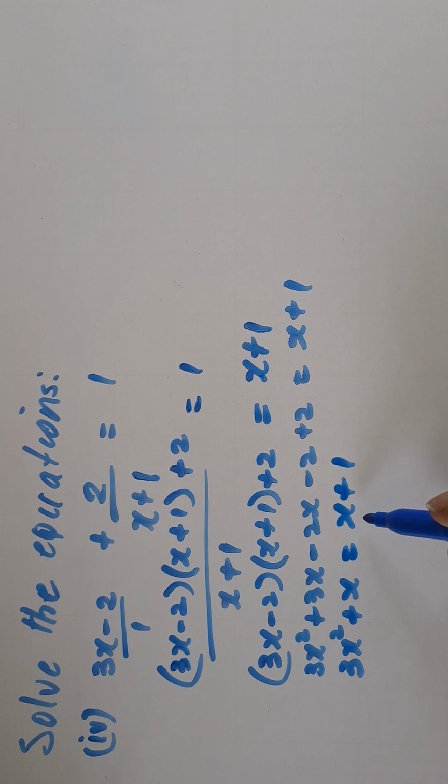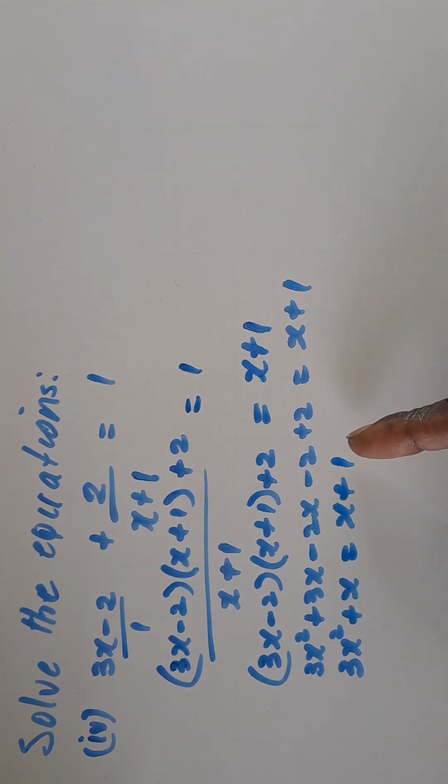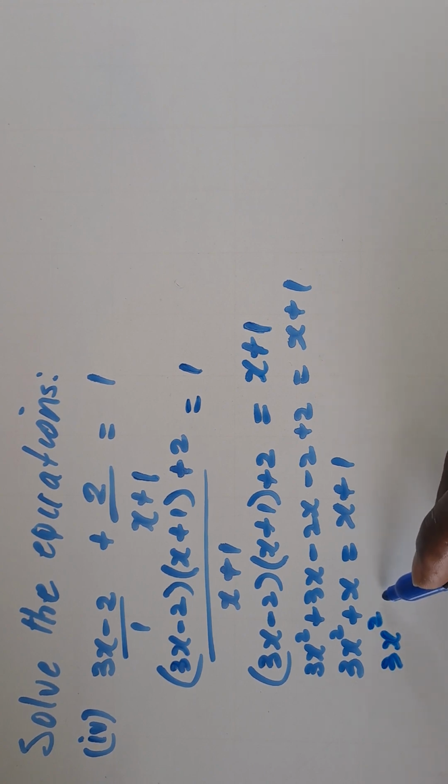Now if we add negative x to both sides, we'll get rid of the x. And if we add negative 1 to both sides, we'll have negative 1 on the left. But as it is, we'll leave it on the right. So we have 3x squared is equal to 1.